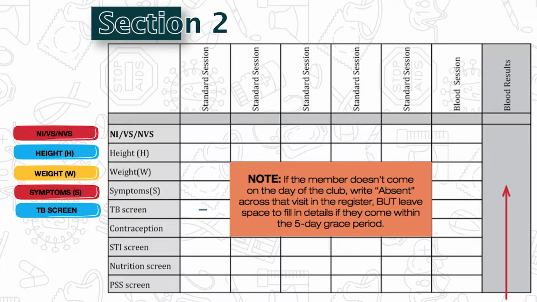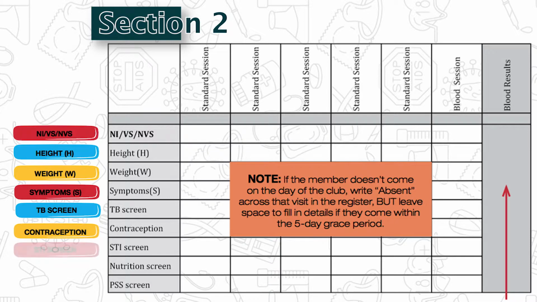If the patient is not currently on contraception, ask if they are having or planning to have sex. If yes, write plus sign and refer to the club clinician. If the member is on a form of contraceptive, write minus sign indicating that they do not require contraceptive support.